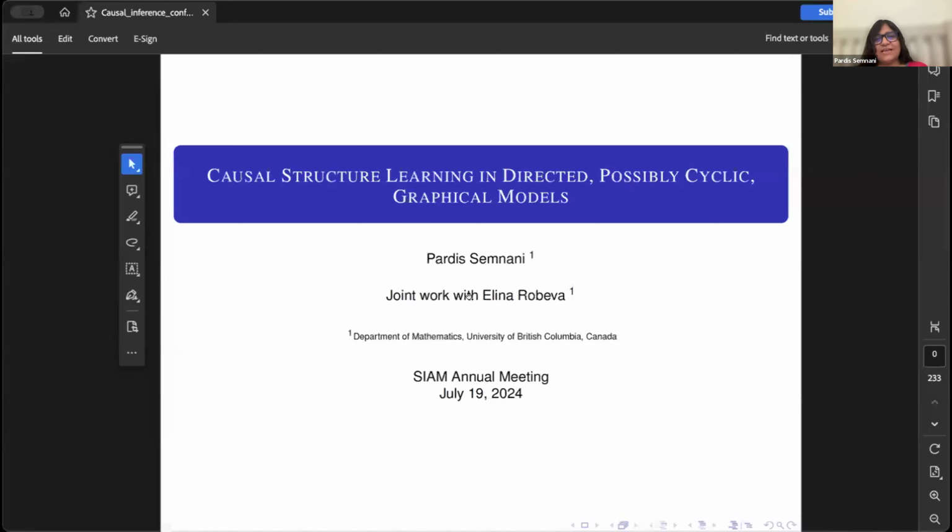As has been mentioned today, we often model the causal structure by a directed graph where the vertices are the random variables we are interested in, and a directed edge from one vertex to another shows a direct causal effect between the corresponding variables. The task is learning this causal structure from observational data.